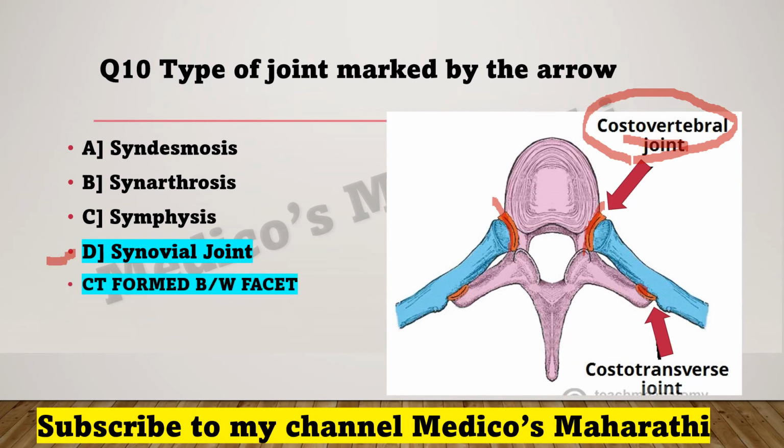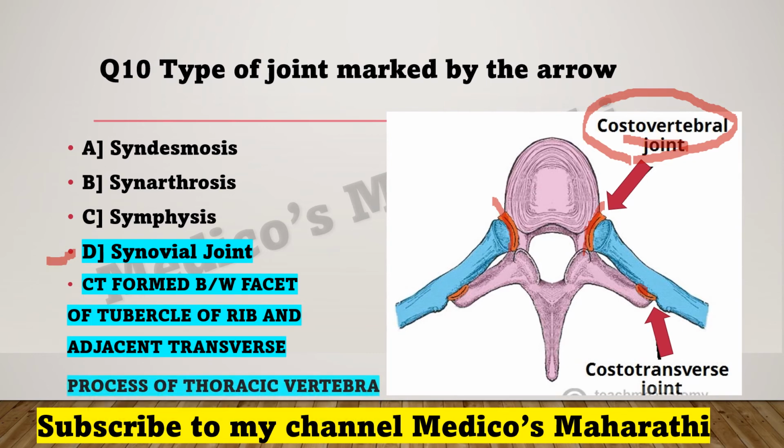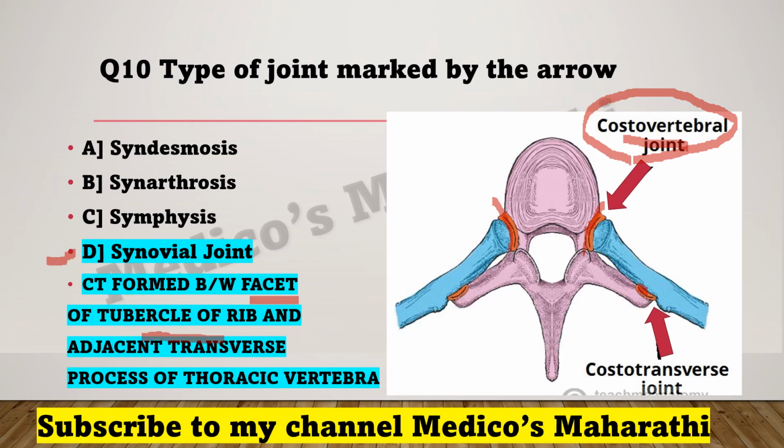Okay, the costovertebral joint is formed between the facet of the tubercle of the rib and the adjacent transverse process of the thoracic vertebra. So where is the costovertebral joint formed? Here you can see in this area it is formed between the facet of the tubercle of the rib and the adjacent transverse process of the thoracic vertebra. Okay, so this scene is of a thoracic vertebra and you can see between these adjacent structures this joint is formed, and this joint is the costovertebral joint and it is a type of synovial joint.